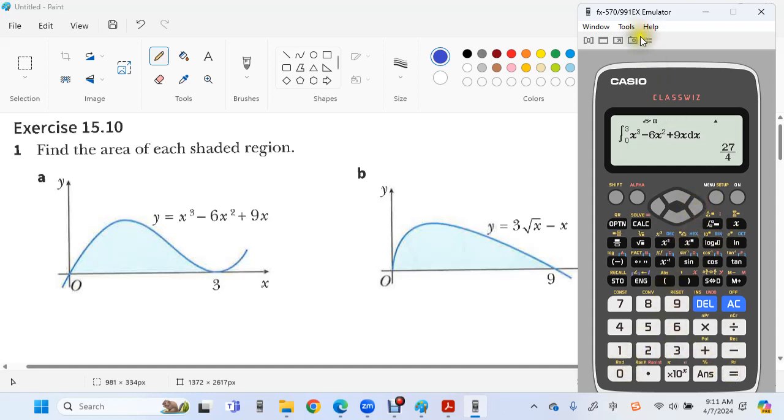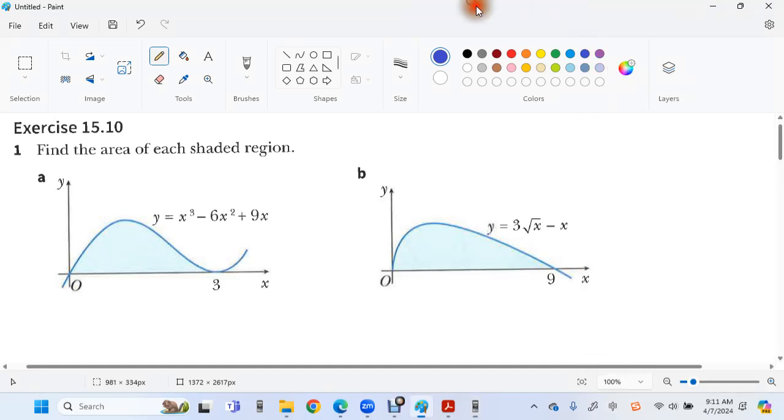So this is the area. 27 over 4 is also equal to 6 and 3 over 4. So this is the area, or 27 over 4.